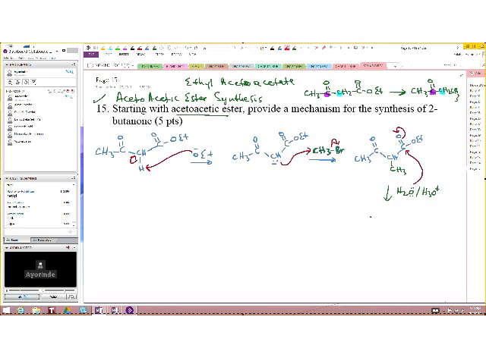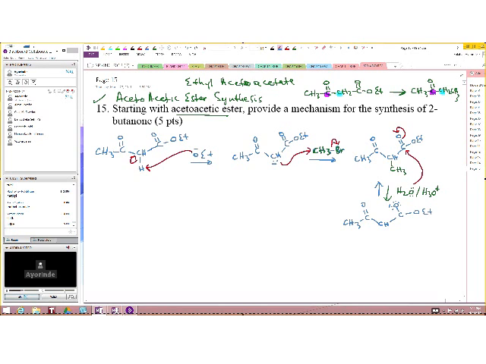So this gives you here. By the way, this will have to be a reversible process. So we now have this, and then you have this here.